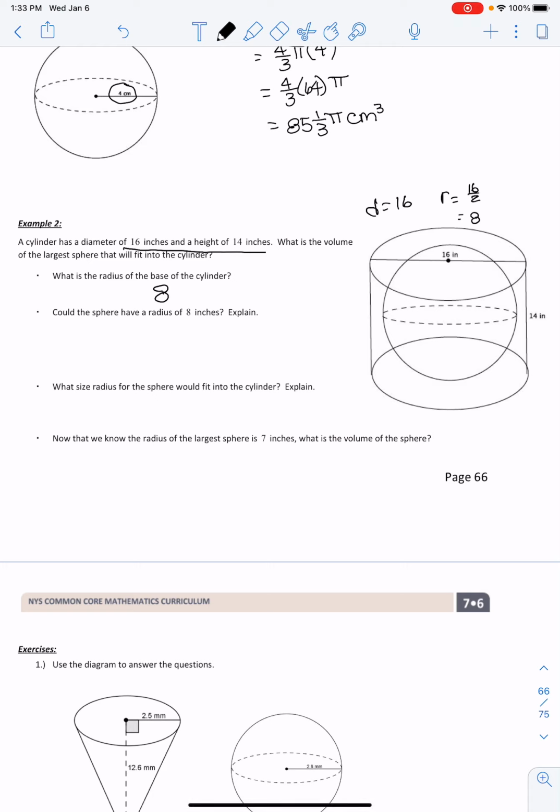So if the diameter is 16, then our radius is 16 divided by 2, which is 8. So then it says, could the sphere have a radius of 8 inches? And the answer is no. And this is because the height is 14 inches.